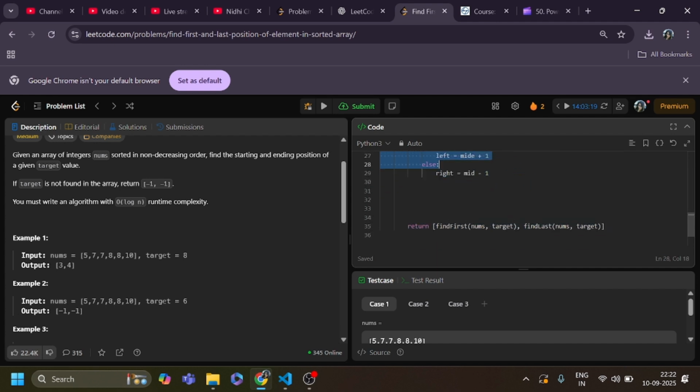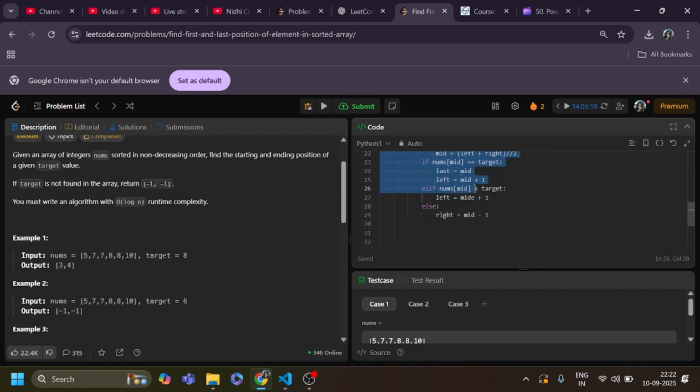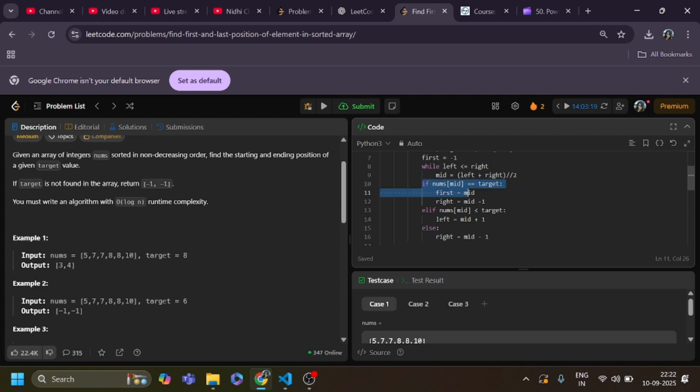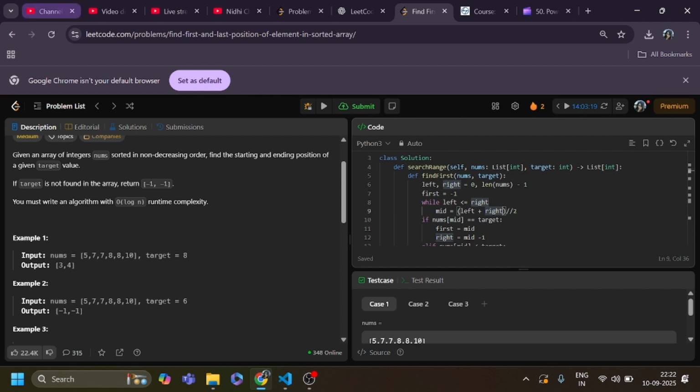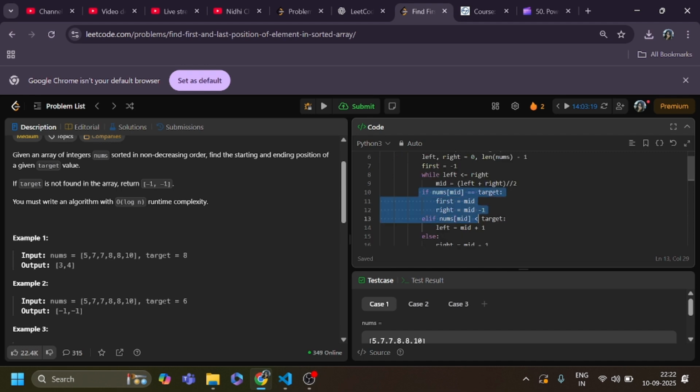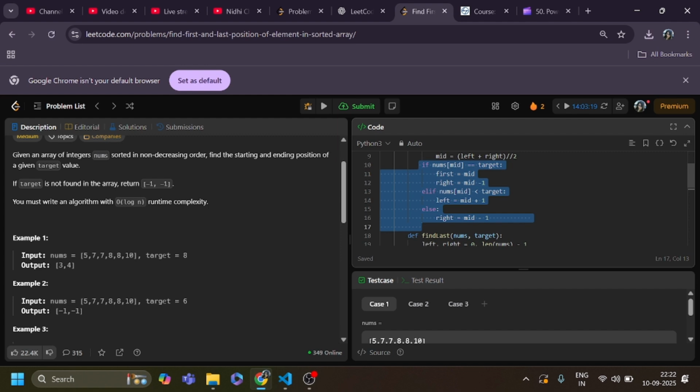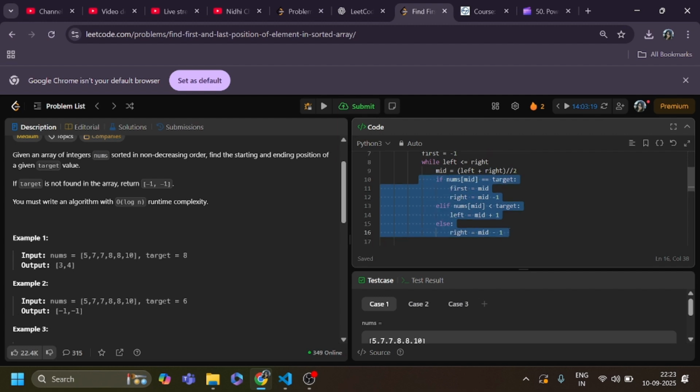I think I applied wrong indentation. Okay, now it is okay.